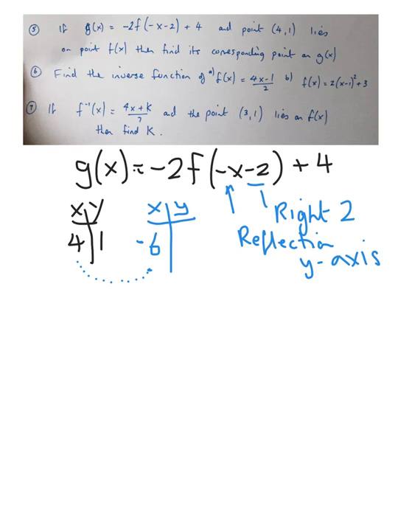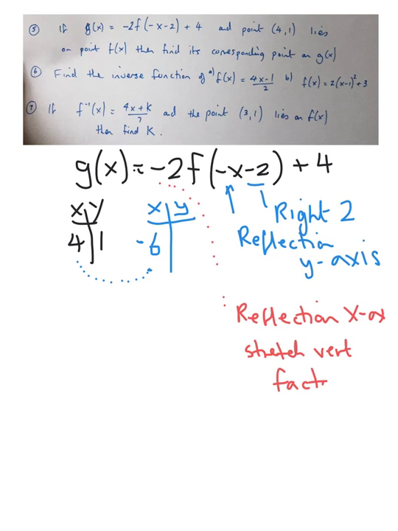For the y values, first of all we're going to do this, which is a reflection in the x-axis, and then a times -2, a stretch vertically, factor 2. So the y value is going to be multiplied by 2 first of all, and then multiplied by -1 for the reflection.